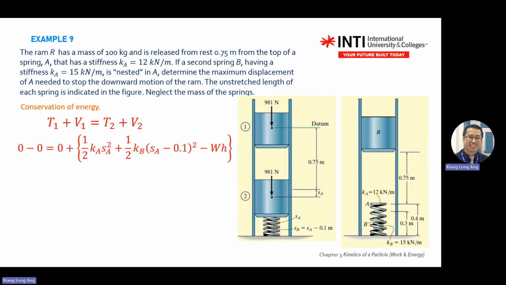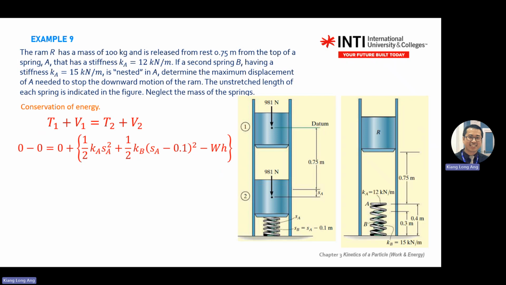Why do I write negative minus zero? Can I write positive? Can or cannot? Can. Because your kinetic is zero, potential is zero, no spring, so zero. Basically, you can write positive here.